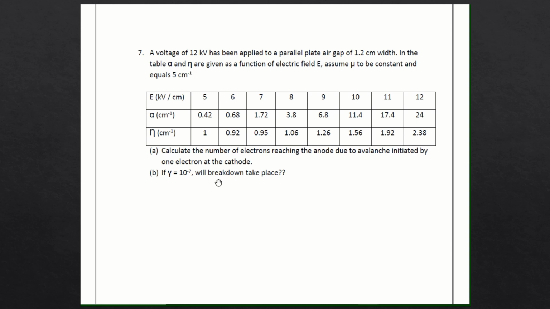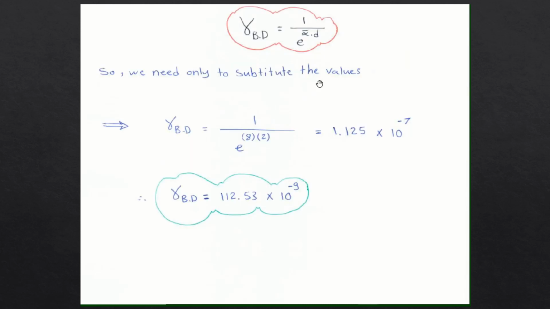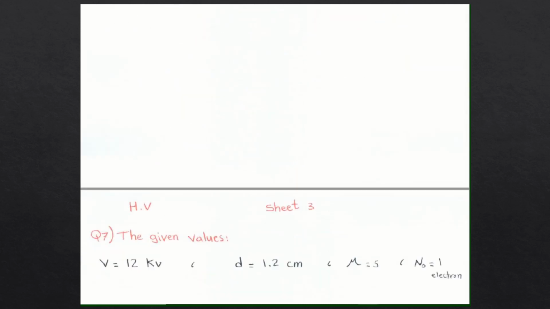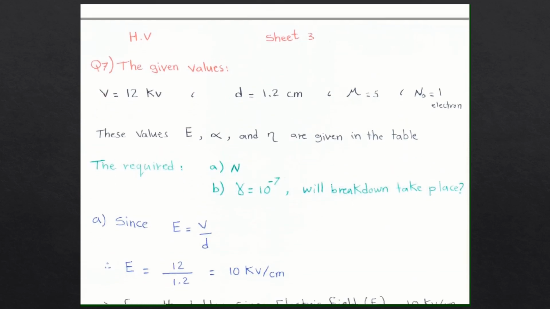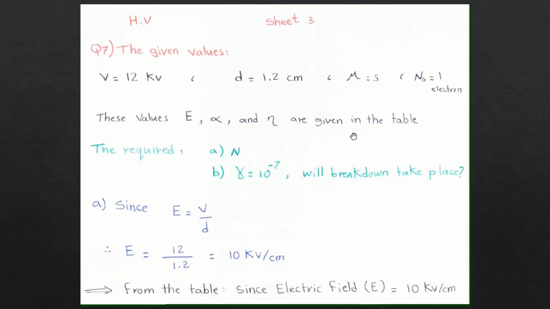So, let's move on to the answer sheet to see how we can use this table. In the beginning of each question that I solve, I write the given values as a reference for me.